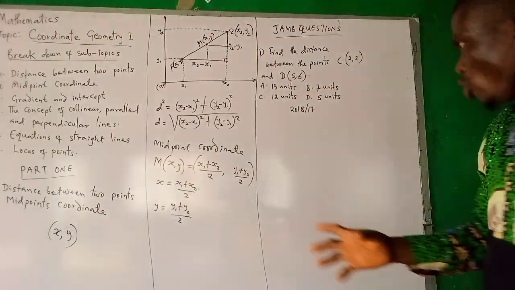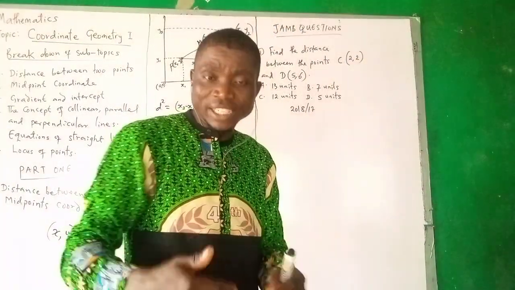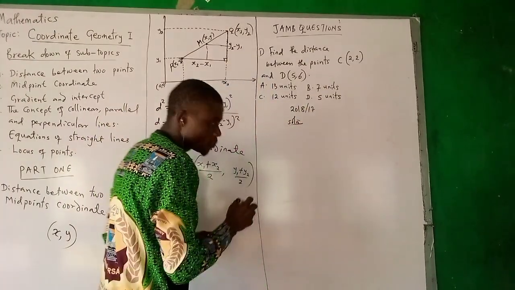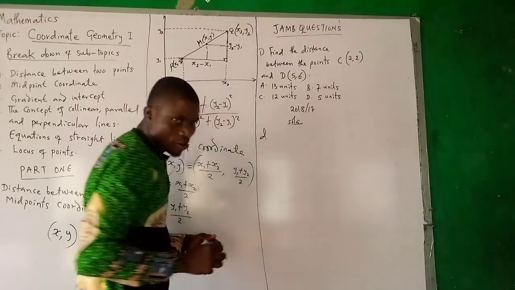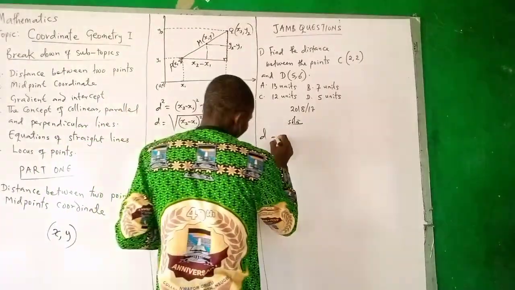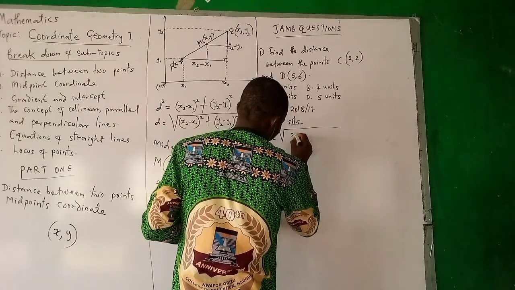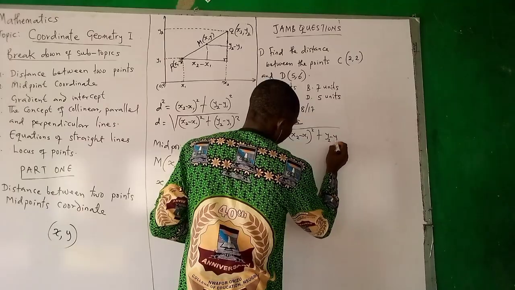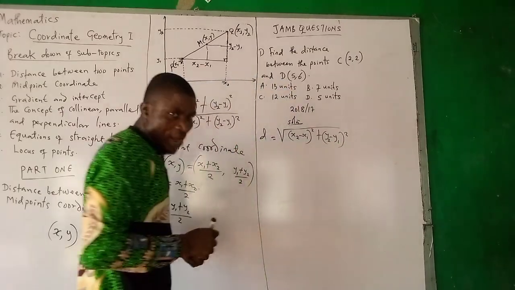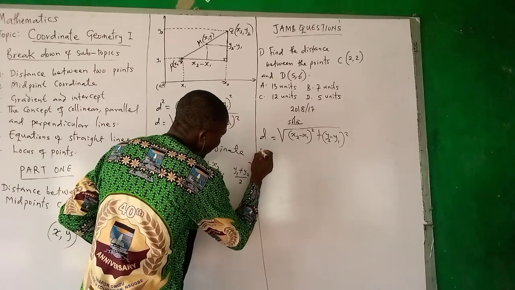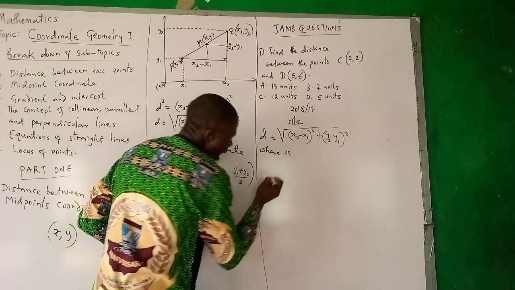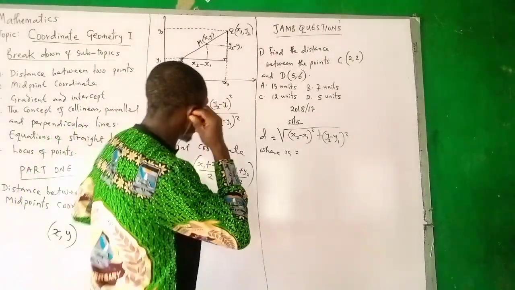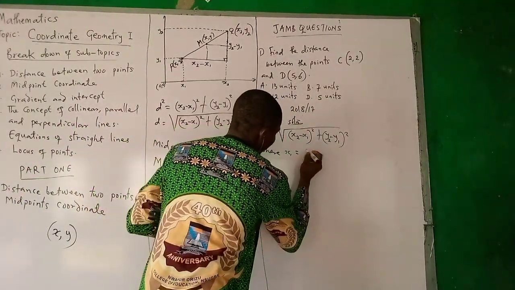Now, I told you in this case you have to apply the distance formula. Solution first. The formula is, I'm using D for distance between 2 points, equal to the square root of x2 minus x1 all square plus y2 minus y1 all square. Now, x1 is the first number from the first bracket, which is 2.